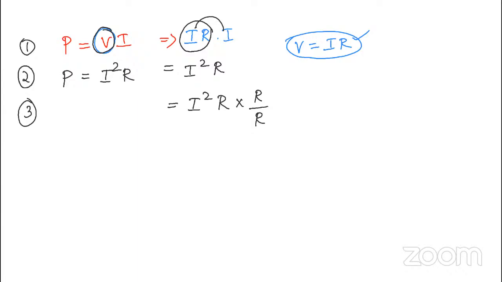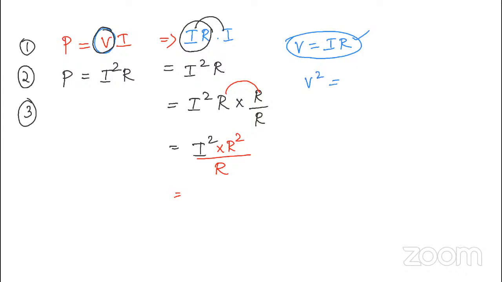So the equation is I square R into R, divided by R. Here, what does V square equal?